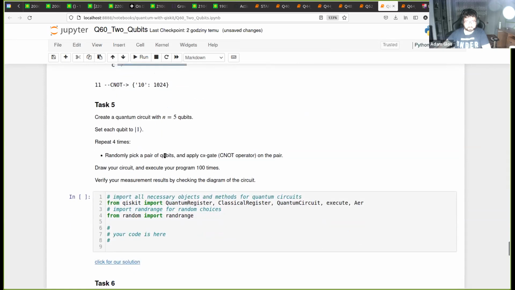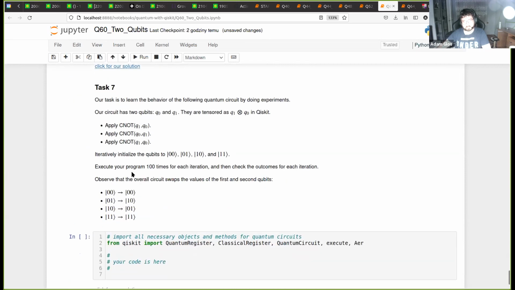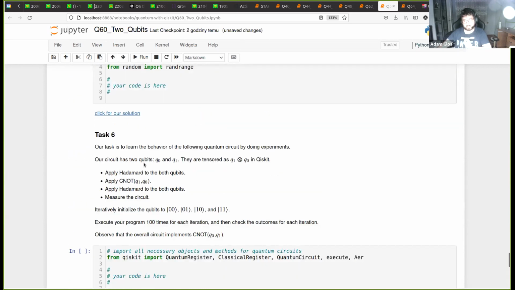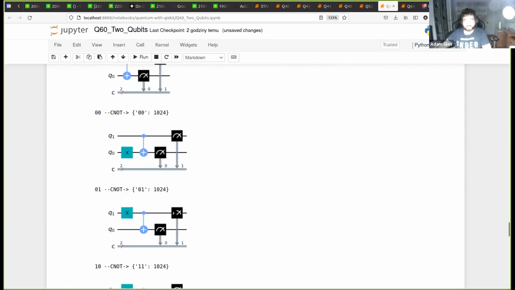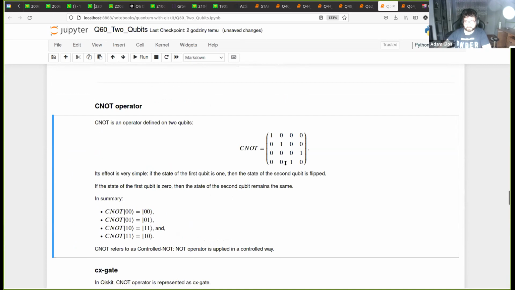And finally, there are some more tasks, out of which 6 and 7 are extremely interesting. So I would say something extremely terrible, meaning that the CNOT is a classical gate. Obviously, it is a quantum gate, but it works very classically, meaning that it changes only the labels of these basic quantum states.